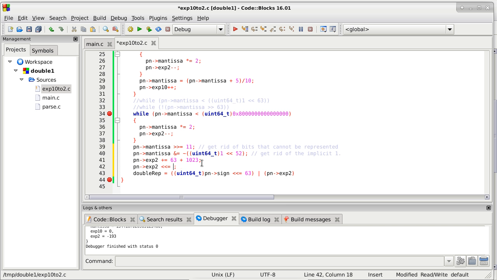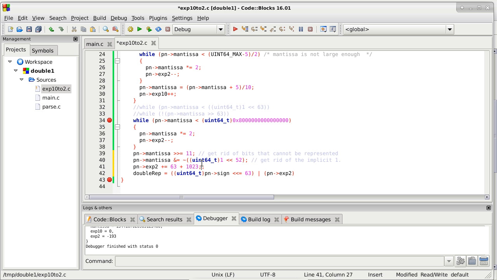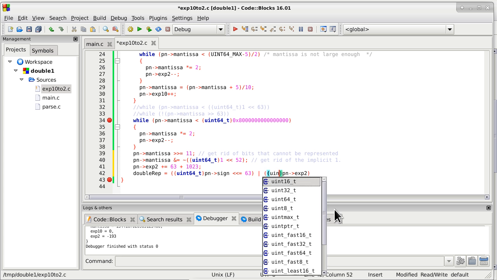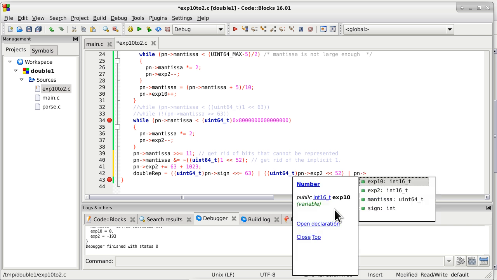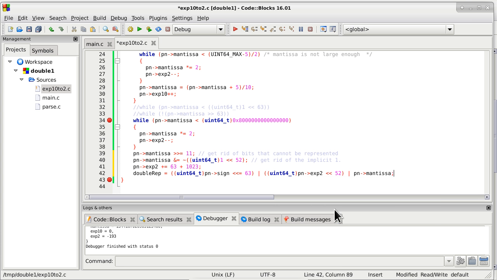So sorry about this, I can't really do it this way because it's only a 16-bit number. So we have to do the shifting here after I cast it. So uint64_t, and then shift this 52 times. And then bitwise OR with mantissa. Mantissa is already prepared, so we can just use mantissa as it is.